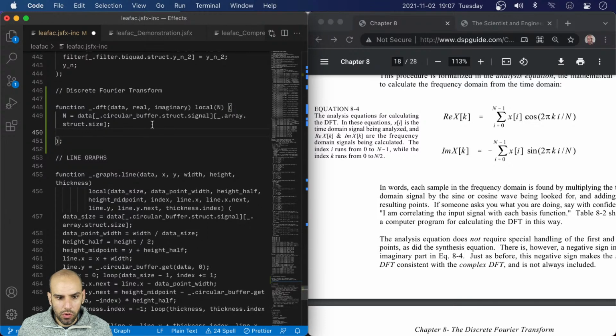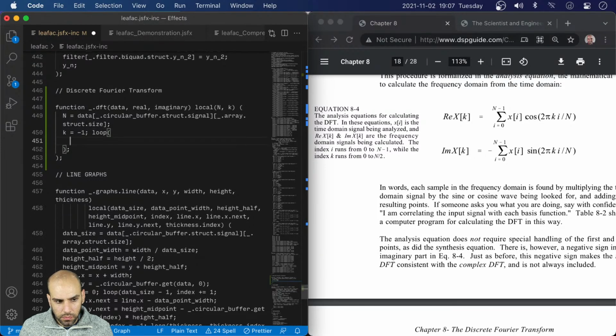I will have a variable called k, and I am going to start with k equals -1, and then I will loop over n divided by 2.